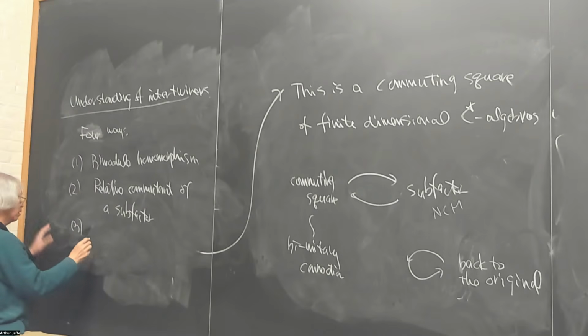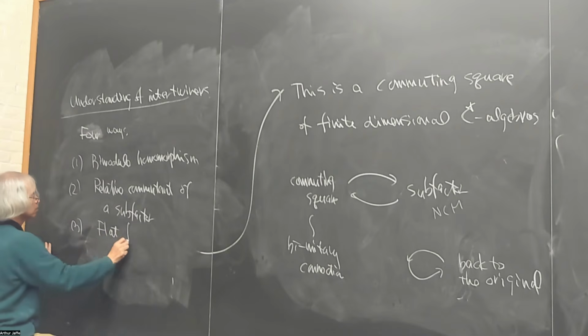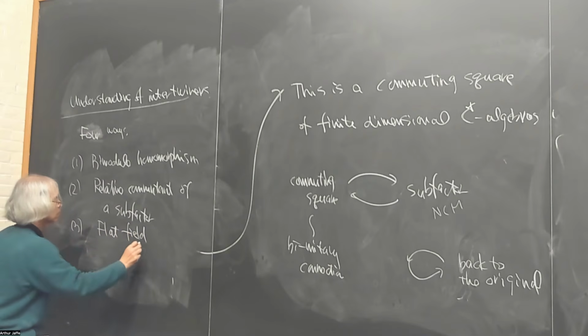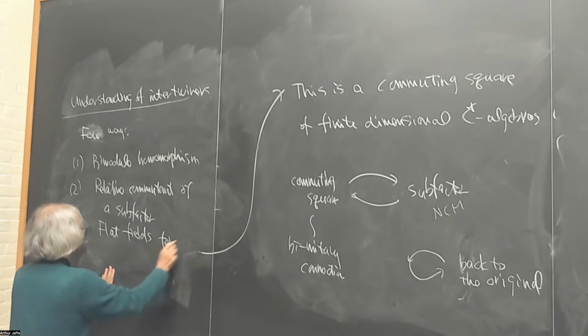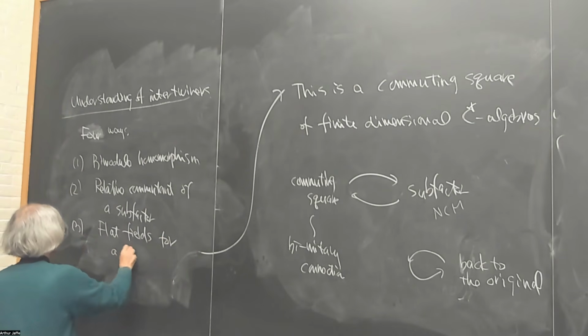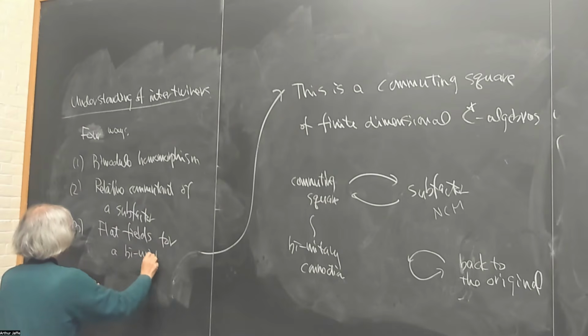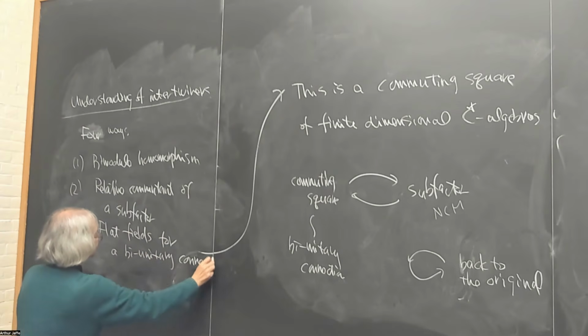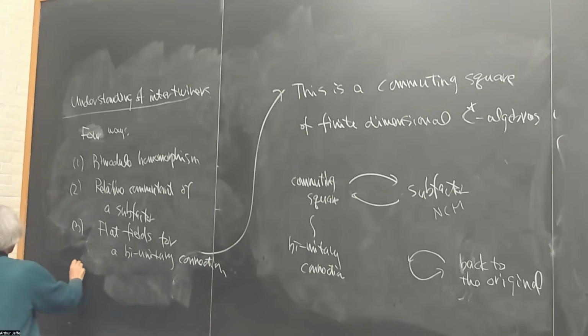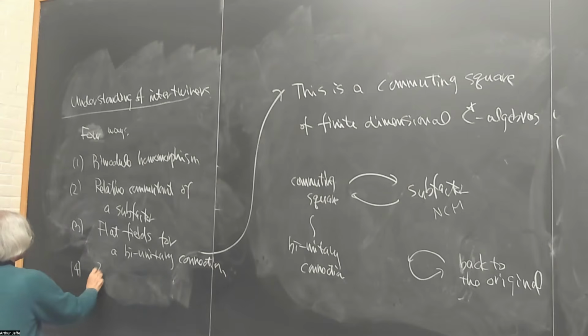Three is flat sheet, for combining the connection. Then the fourth is tensor, two tensor.